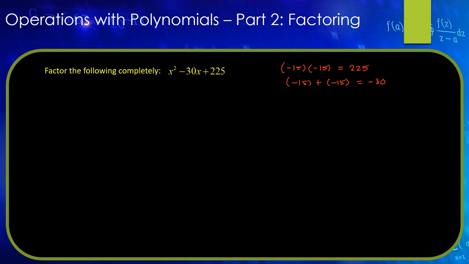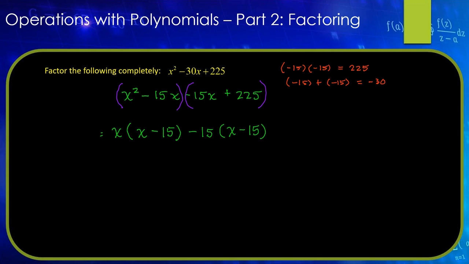So that means that minus 30x in the middle is going to be split into two minus 15x's. And I'm going to have x squared minus 15x minus 15x plus 225, which I now group into groups of 2. The first group of 2, I can factor out an x. The second group of 2, I can factor out a negative 15.